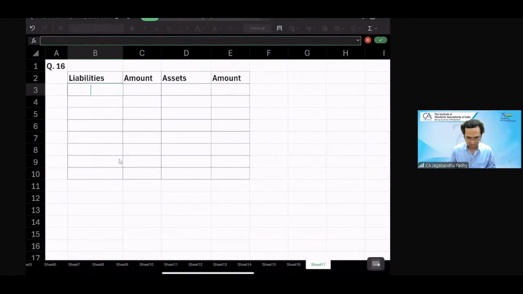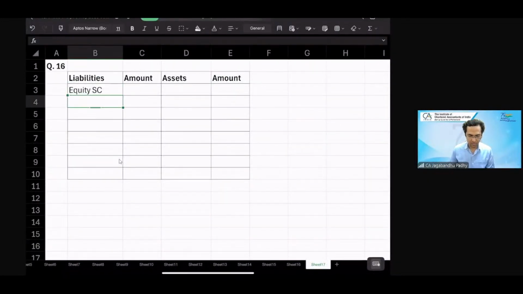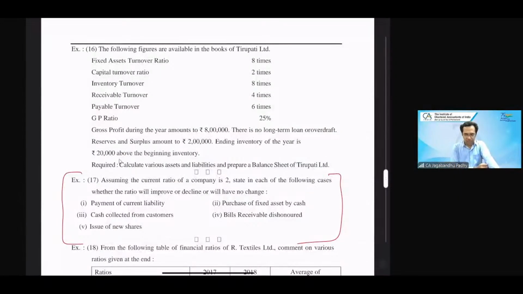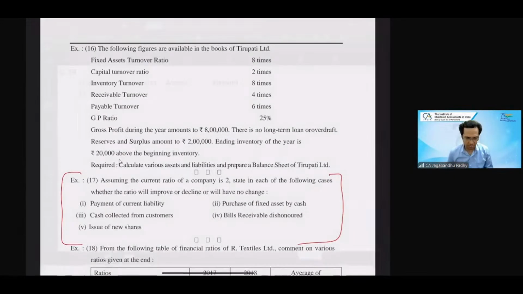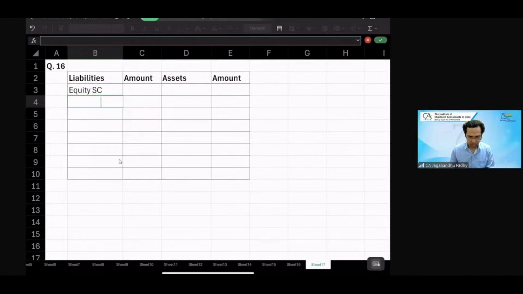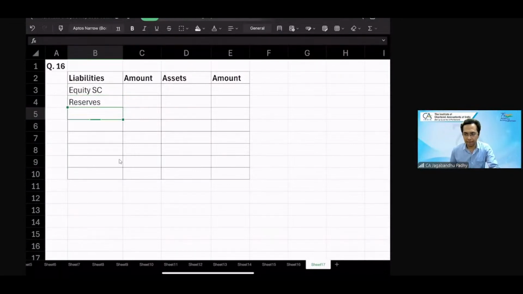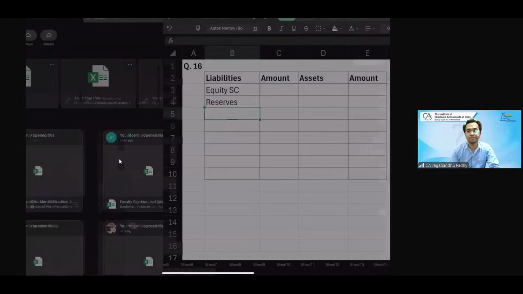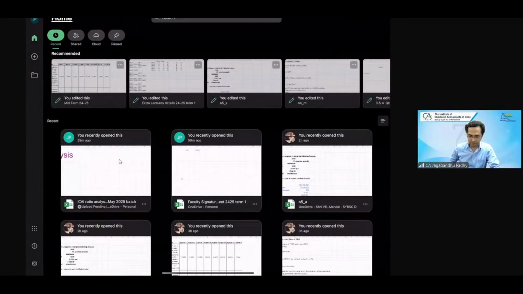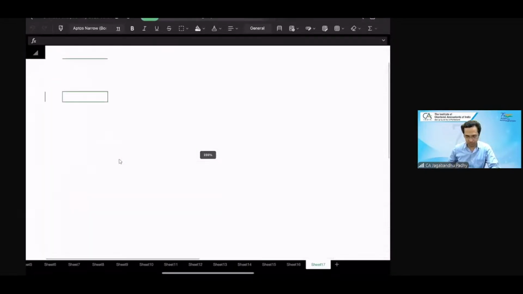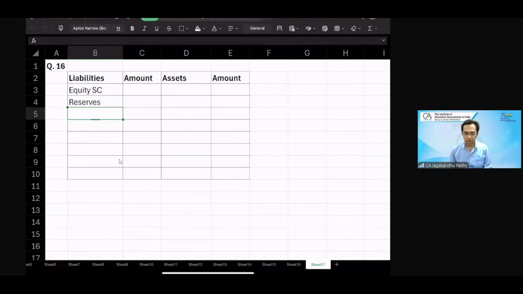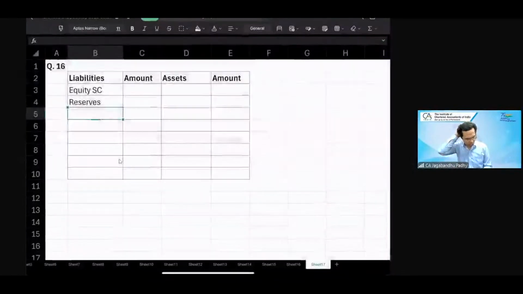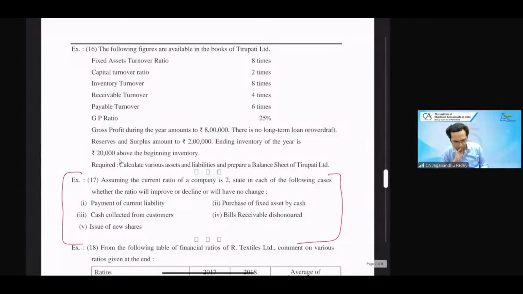So we'll have equity share capital. Do we have any bifurcation regarding the reserves? Is any information given about reserves? Yes, it is. Equity share capital, reserves, there's no bank overdraft or long-term loan. What we have is payables, so that should be the only liability.